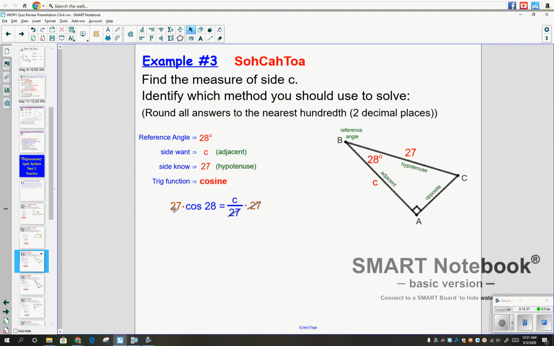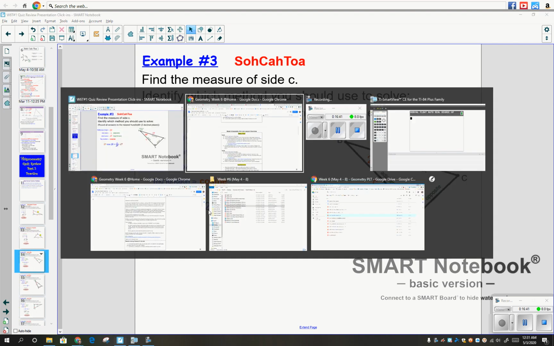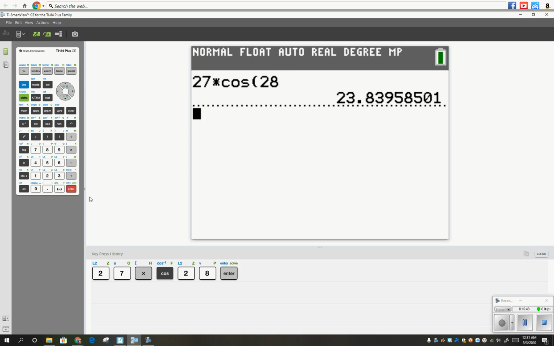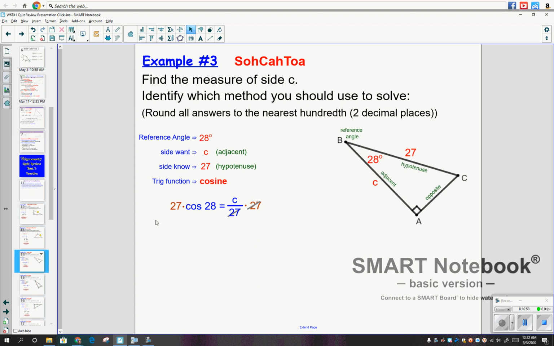I have 27 times cosine of 28. Type that into my calculator. 27 times cosine 28. I end up with 23.839, which rounded to the nearest hundredth is 23.84.